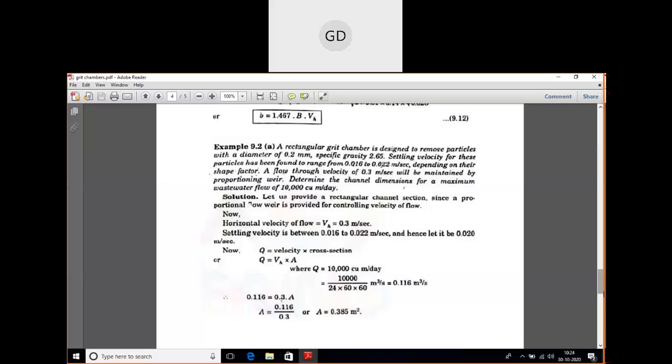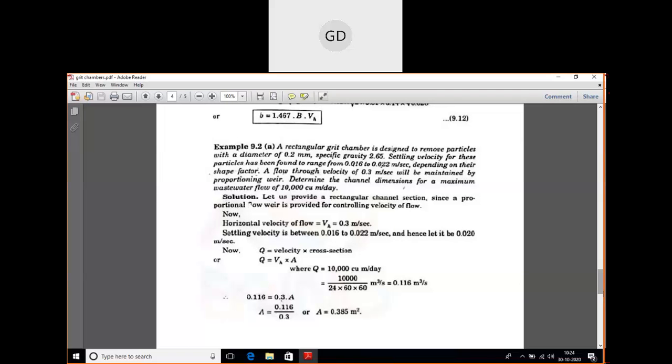So what is given here is the particle diameter and specific gravity, and also the settling velocity of the particle has been mentioned. And the quantity of wastewater is given.